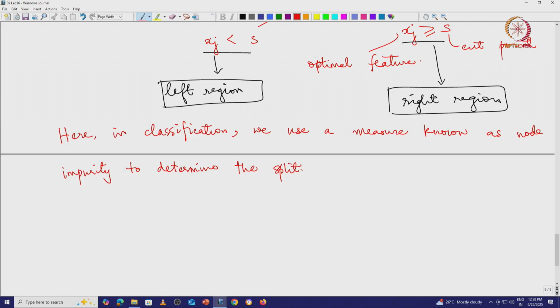So let us see how this node impurity concept works.